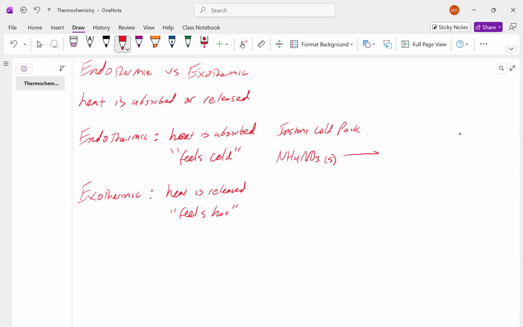When you crush that bag up, it breaks the container of ammonium nitrate and mixes it with water inside, and so it essentially dissolves that ammonium nitrate. It adds heat as a reactant. It absorbs heat from the outside surroundings, and so therefore it feels cold.